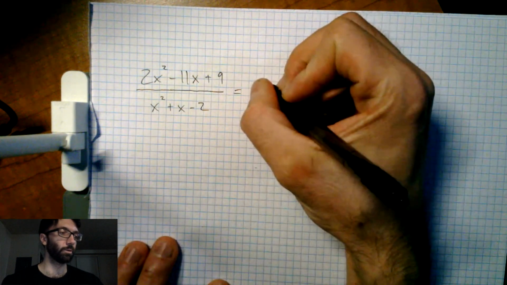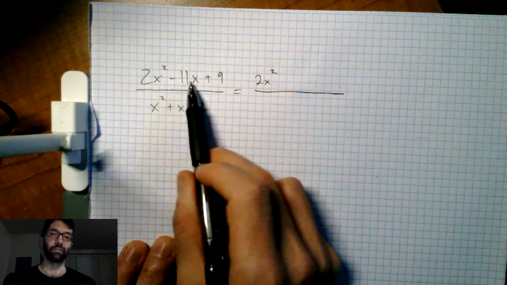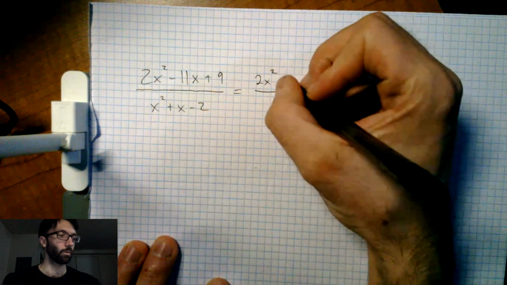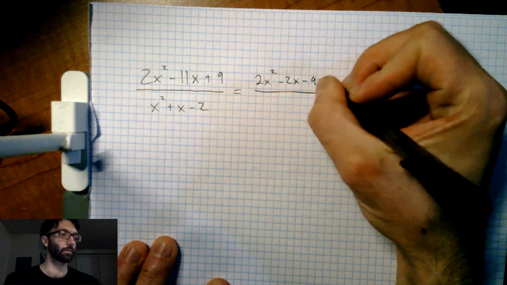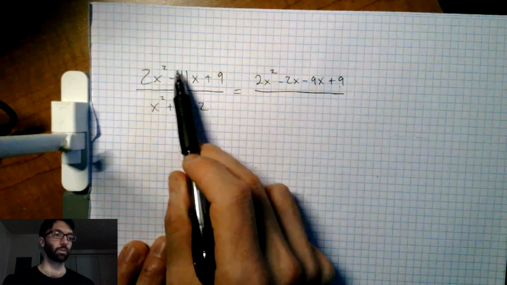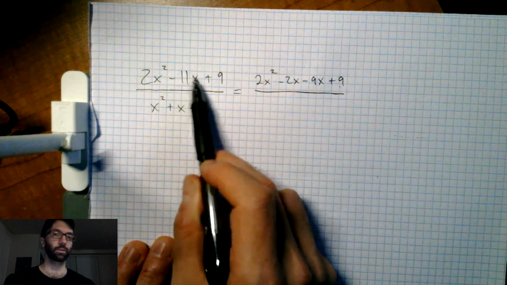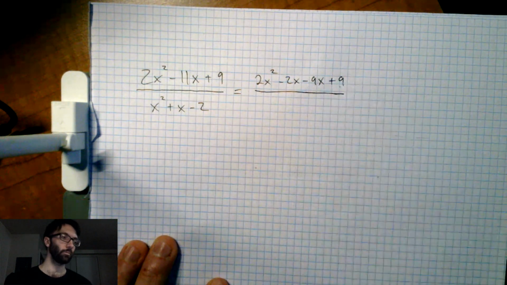So what I'm going to do here is replace the negative 11x with a negative 2x and a negative 9x. Okay, so again, I replaced this negative 11x with a minus 2x minus 9x.